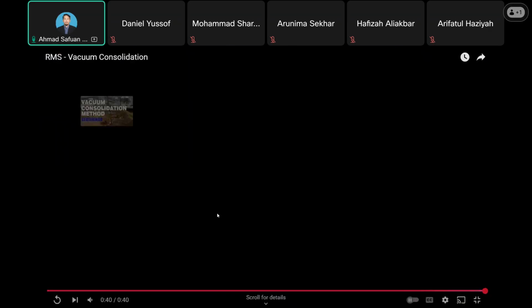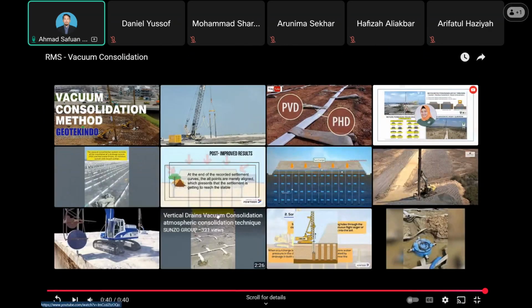Then they apply a load on top of the system, and then apply the vacuum to allow the excess water pressure to dissipate.